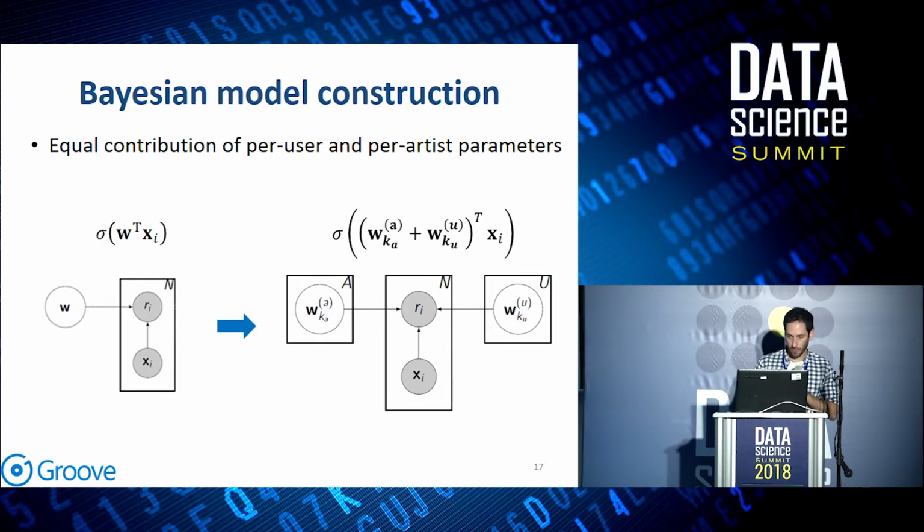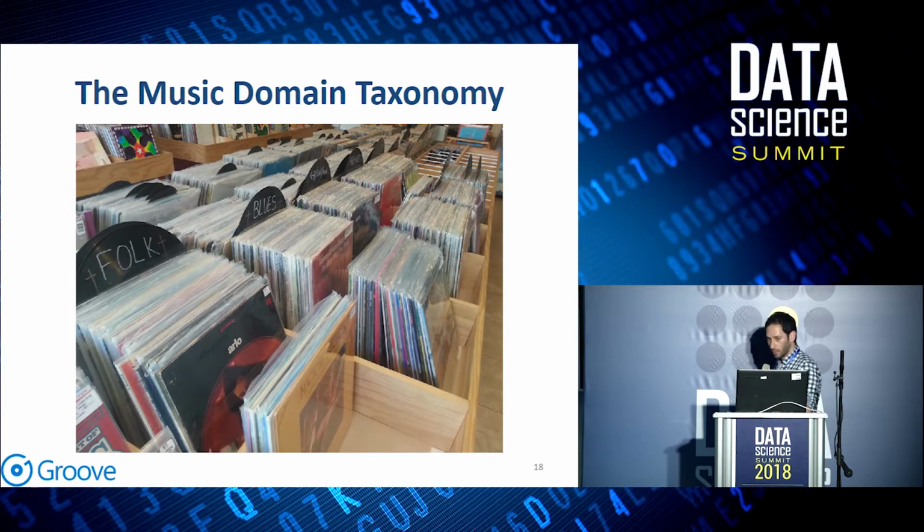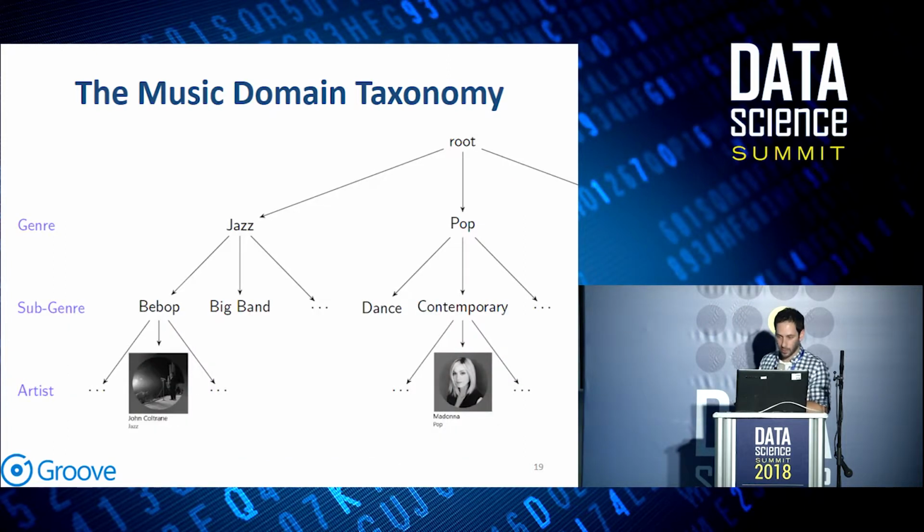Next, I'm going to look at the taxonomy of the music domain. So we all know this taxonomy from your childhood when places like Tower Records existed. And when we look at it, we can describe it as a tree.